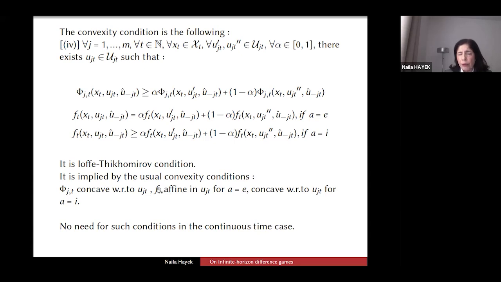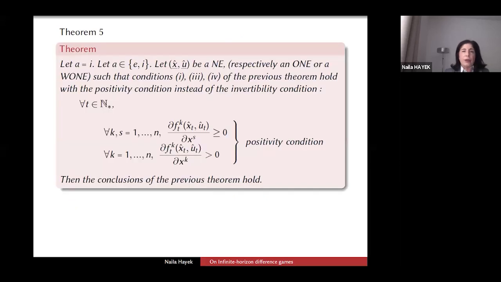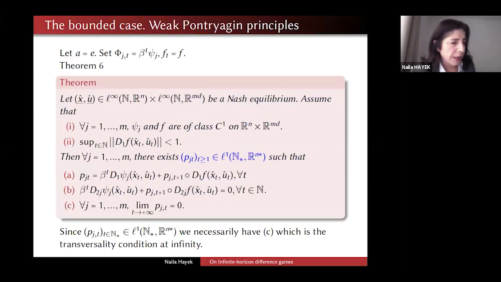If we have inequalities, ft should be concave with respect to u sub j. So we don't need such a condition in the continuous time case. You also have a similar theorem if, instead of the invertibility condition, I put positivity conditions; you can get the same results. So let me go quickly to the bounded case.